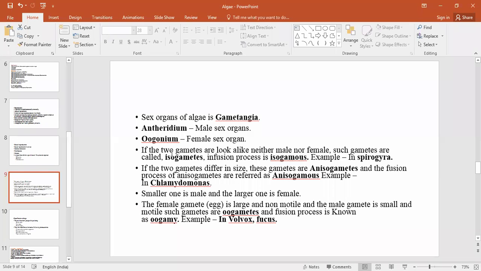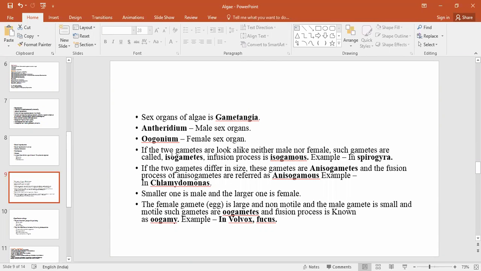If two gametes look neither male nor female, that gamete is called an isogamete, and the fusion of such gametes is called isogamy, and it occurs in Spirogyra. Second, when the gametes are different from each other in size, they are called anisogametes, and the fusion of anisogametes is called anisogamy. This occurs in algae such as Chlamydomonas.